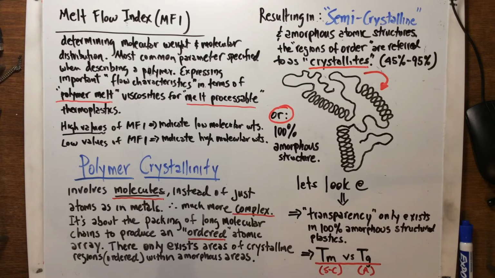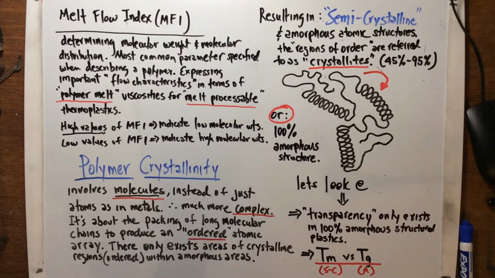And so now we're trying to take and pack those long molecular chains to produce some kind of an ordered atomic array. And because of that, there really only exist areas of crystalline regions. Those are ordered regions within generally an amorphous area. So there is no such thing as a 100% crystalline plastic or polymer.